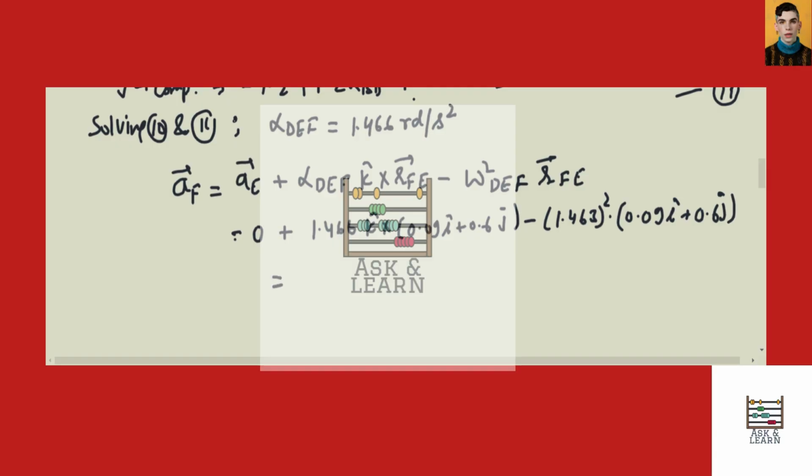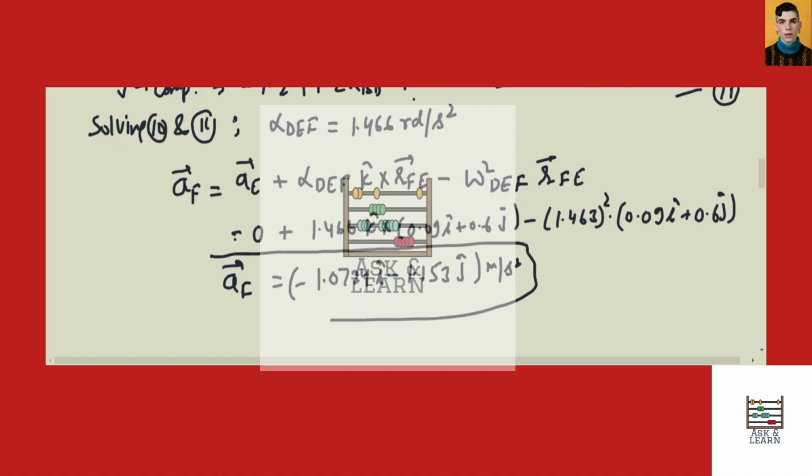On solving it, acceleration of F point you will get minus 1.0724 i cap minus 1.153 j cap meter per second square. So this is the answer of the B part.